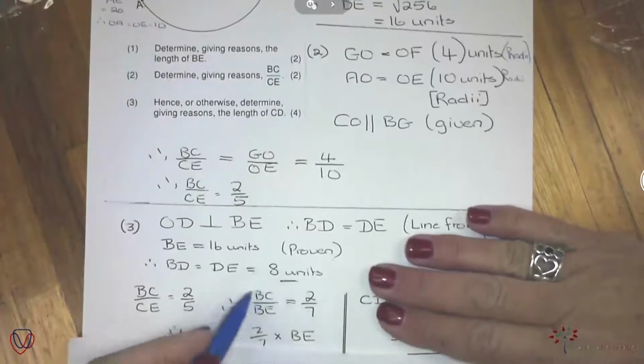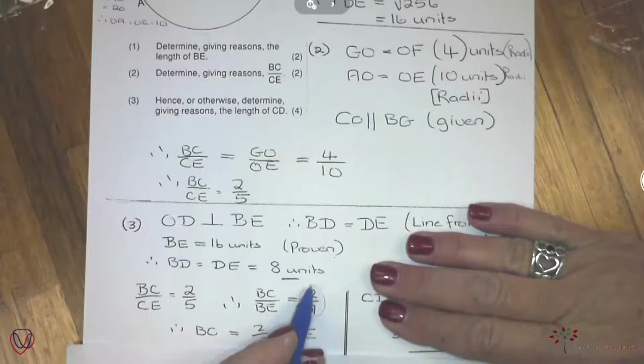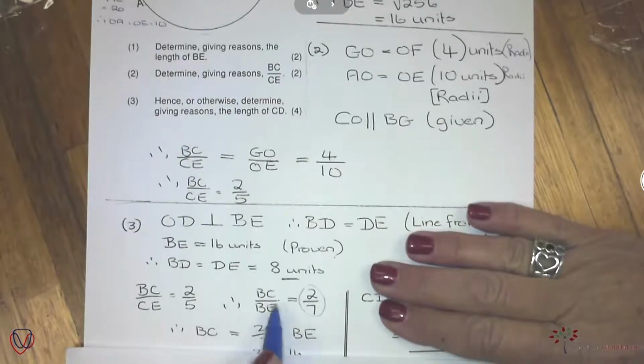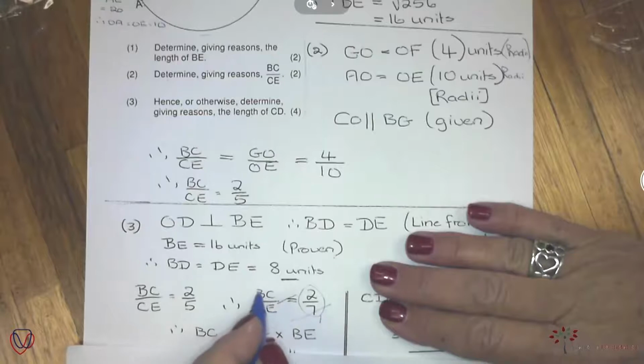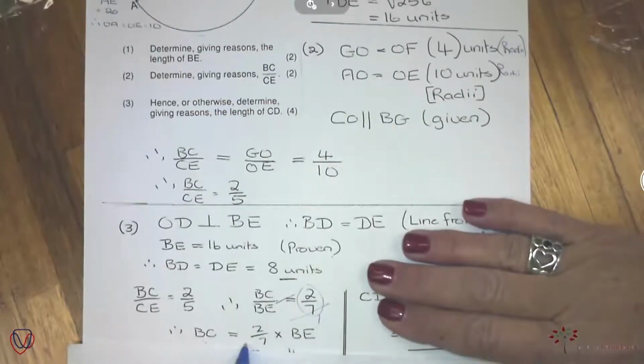Therefore, I want BC. I'm going to say BE times 2 over 7 is equal to BC. Cross multiply, but take the whole fraction. Put this one on 1, BC times 1 is BE times 2 over 7. Why did I do it? Because I want BC.